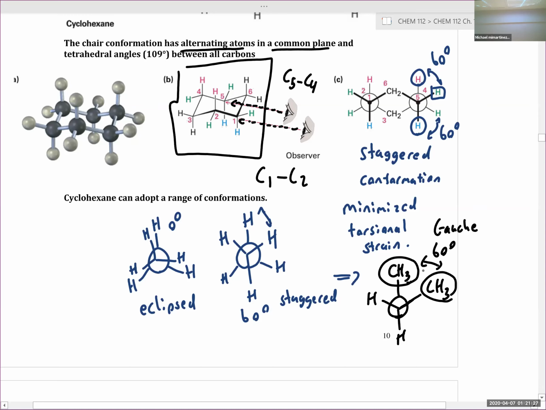So it's the same dihedral angle, but the only difference is that the gauche interaction occurs if you have bulky substituents that are separated by 60 degrees. And it's mainly looking at the substituents and looking to see, are the substituents taking up enough space for there to be a steric interaction? Yeah, so they're very, very similar.